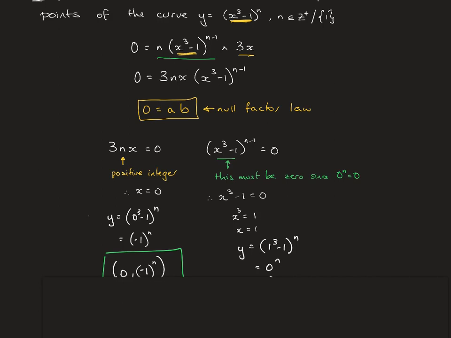The first of which is 0 and then minus 1 to the power of n. And when you substitute in x is equal to 1 into the equation, you get your second point, which is 1, 0. And you can see that I've put a box around them to let the person marking my work know that they are my two answers.